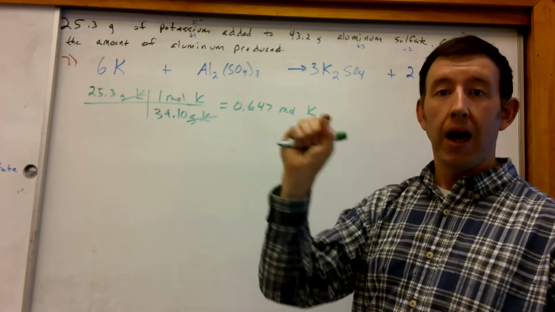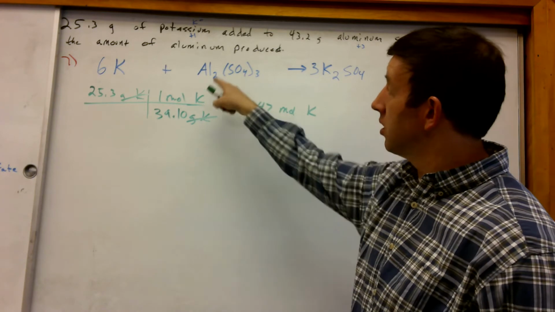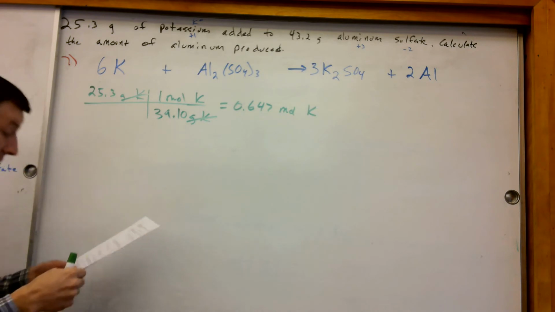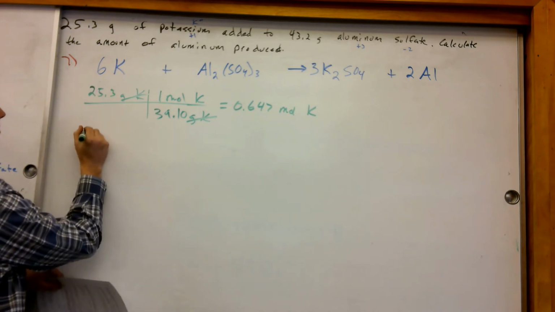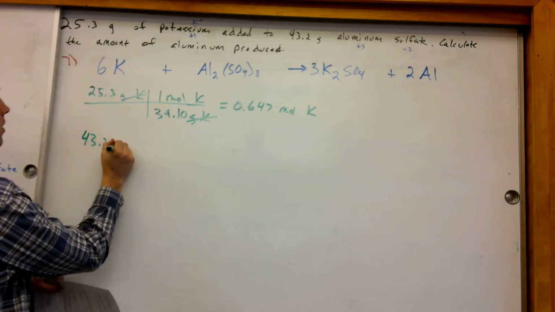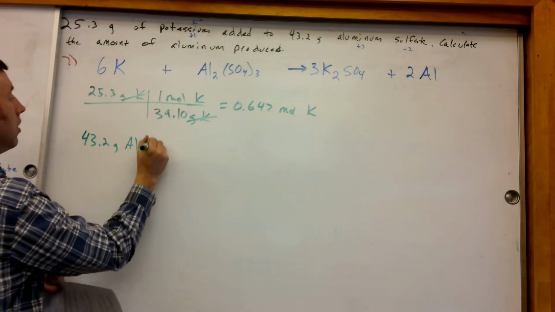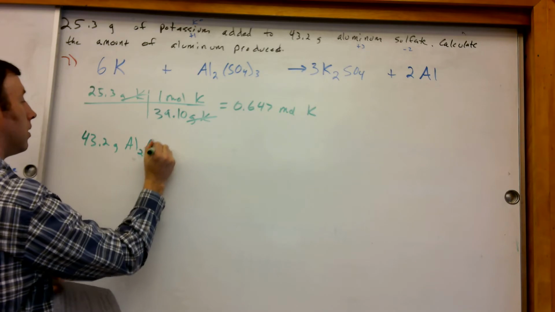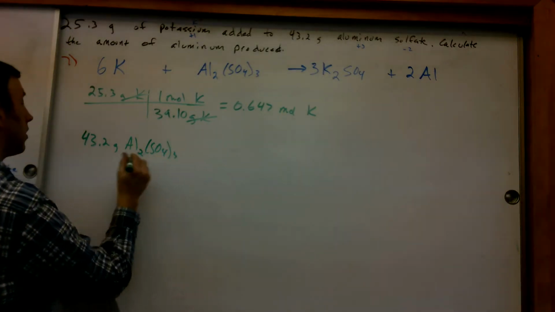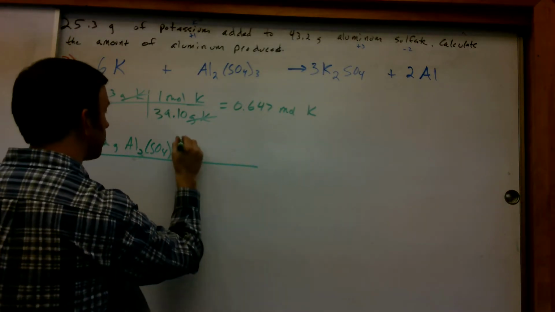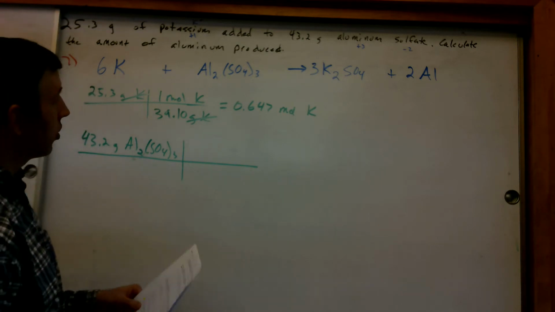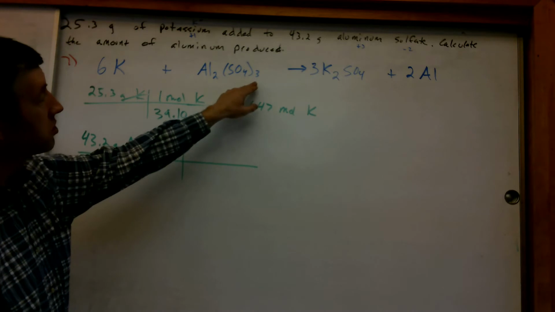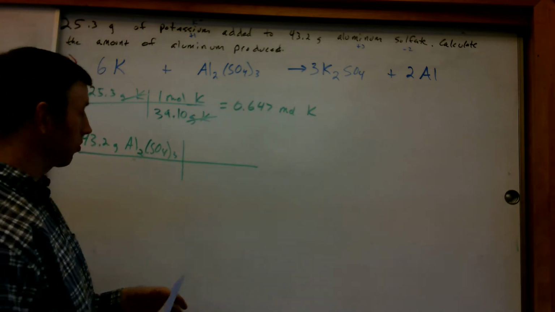All right? Now I'm going to take my other reactant, which is aluminum sulfate. I have 43.2 grams of it. Oops, that's a little bit sloppy. All right, so I need to find the mass of 2 aluminums plus 3 sulfurs plus 12 oxygens in that case, okay?